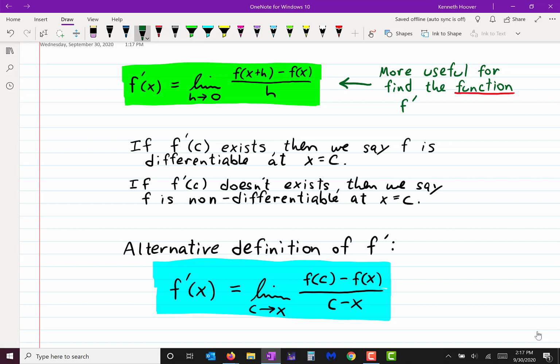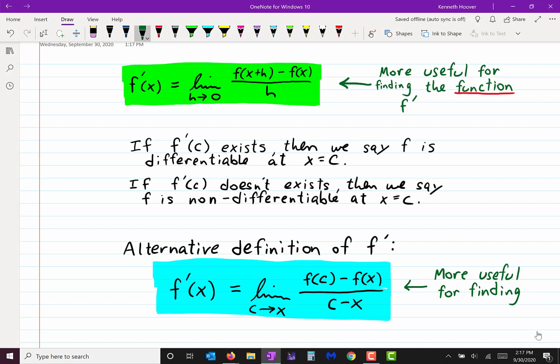Now I think that this blue definition down here tends to be more useful for finding, and by the way, I see that I left the ing off of finding up here. Let me fix that grammar.